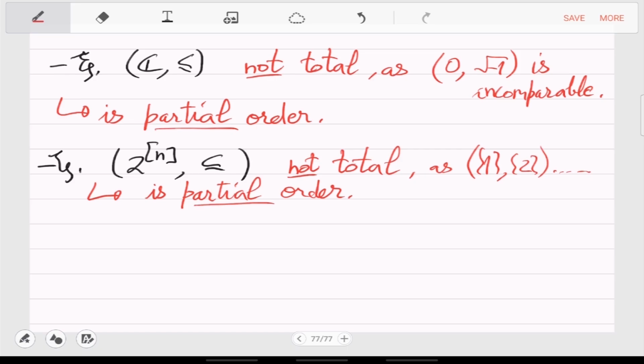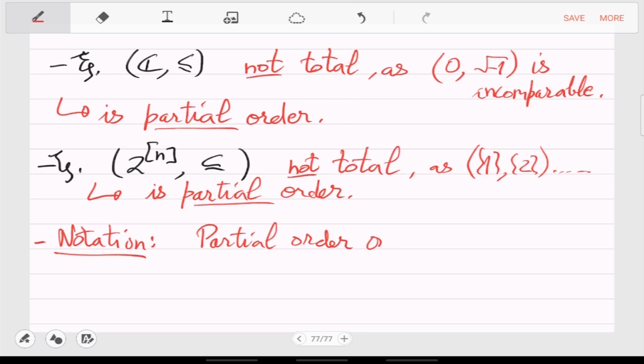So our notation will be as follows. Since less than equal to is so nice, we'll continue with this more suggestive notation. So a partial order on S is denoted by S with less than equal to, as I have been doing already, but instead of the subset notation, it also makes sense to use less than equal to with the understanding that it signifies containment.